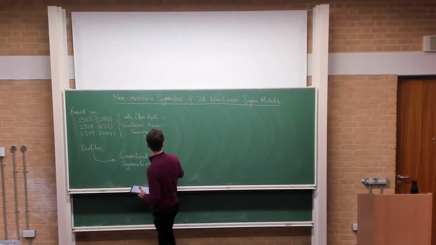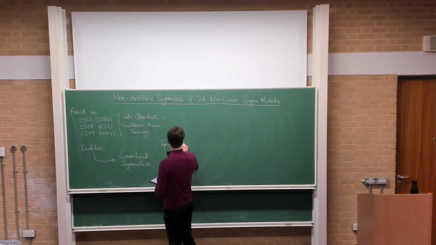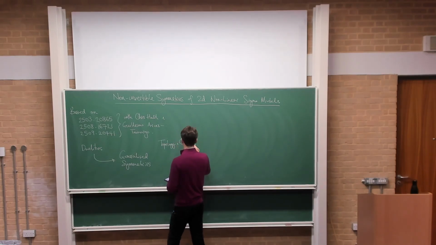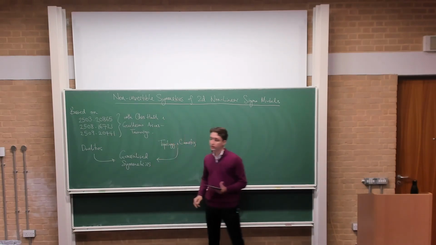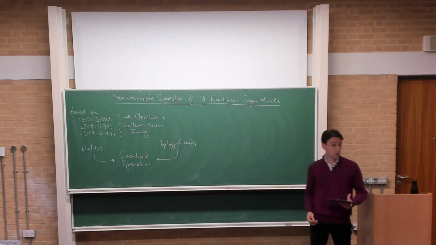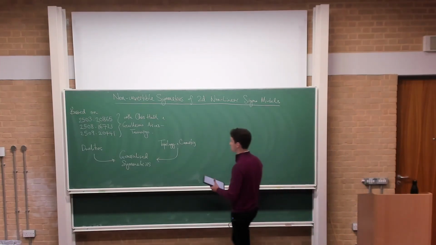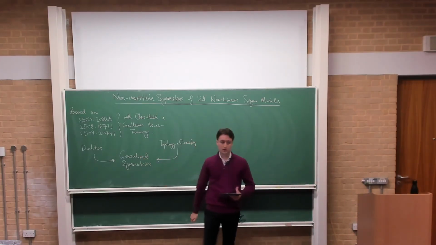And also I'll try and tie in ideas about the topology and geometry of these models and show you how the topological structure of the target space of these sigma models encodes the symmetry structures that arise.